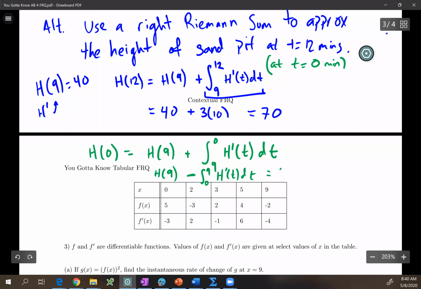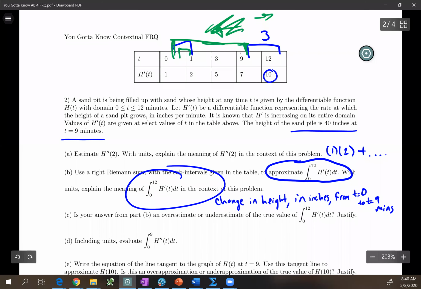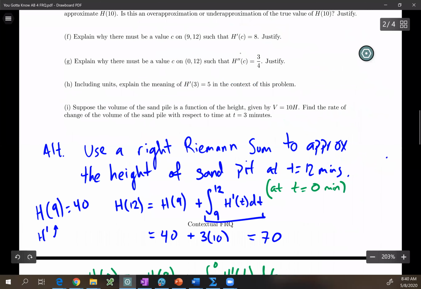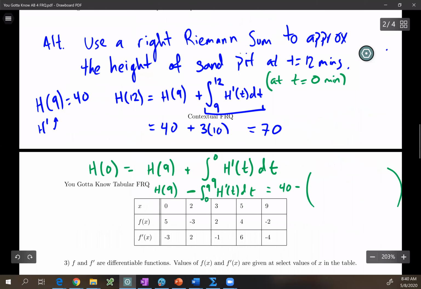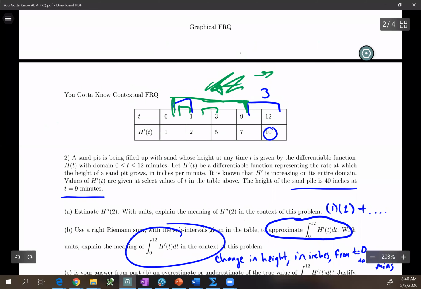So what'll happen is this will become 40 minus, and put a big parentheses, and then we'll do the Riemann sum, right? From 0 to 1 is 1 times 2 plus 2 times 5 and 6 times 7.